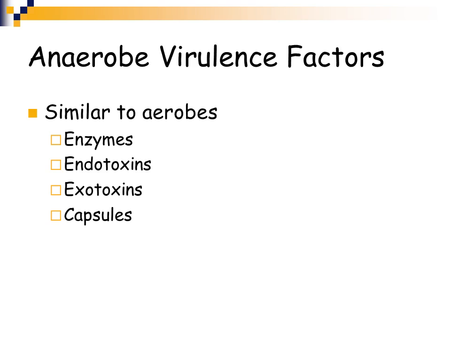The virulence factors of the anaerobes are very similar to all of the other organisms we've discussed to date. So they do secrete enzymes, they have endotoxin, exotoxin, some of them can have capsules, they have spores, so they have the same types of virulence factors that we've discussed.